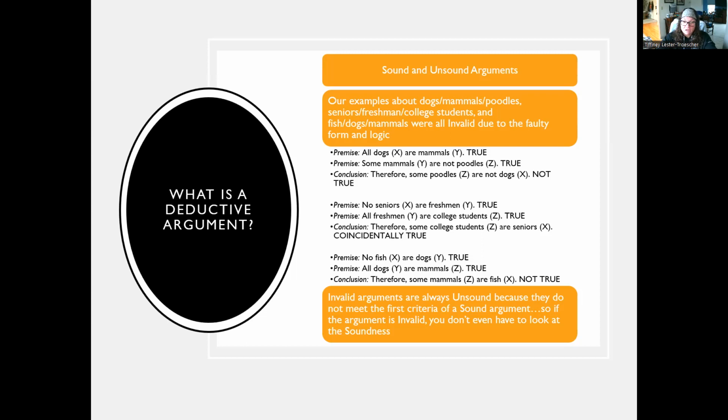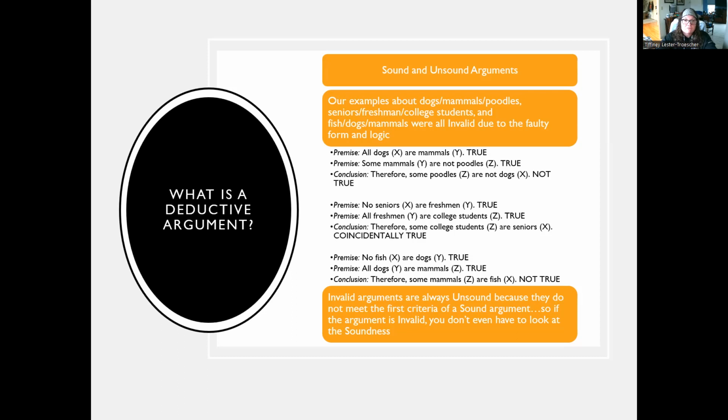We had: all dogs are mammals, some mammals are not poodles, therefore some poodles are not dogs. That was an invalid argument right away because the form was wrong. Instead of being x equals y, z equals y, z equals x, this argument has the pattern of x equals y, y equals z, and then z equals x. So invalid.